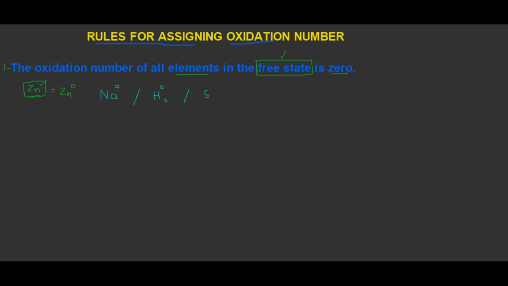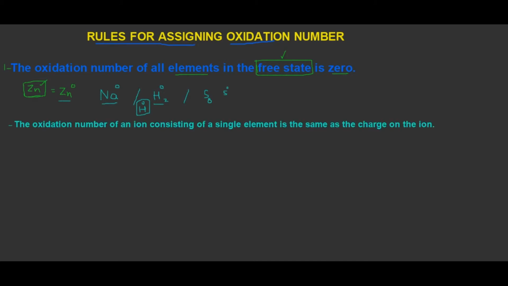Sulfur exists in S8 form. This is the allotropic form of sulfur. In this case, the sulfur atom has 0 oxidation state. Hydrogen always exists in a diatomic molecular form. As we know, it is composed of 2 hydrogen atoms, so the hydrogen atom in a hydrogen molecule has 0 oxidation state when it is in a free state. Similarly, sodium has 0 charge, zinc has 0 oxidation state.